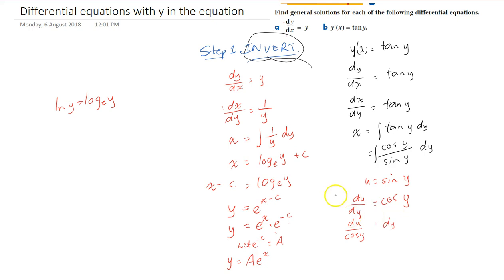I've put this in red because it's just a little bit of extra working, but I can now use that du on cos y in place of the dy here. So I'll have cos y over sine y, since I let u equal sine y, times du on cos y.